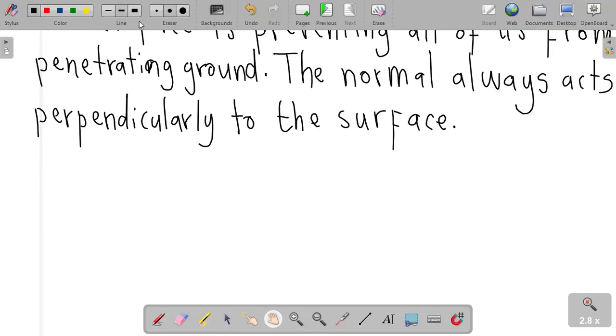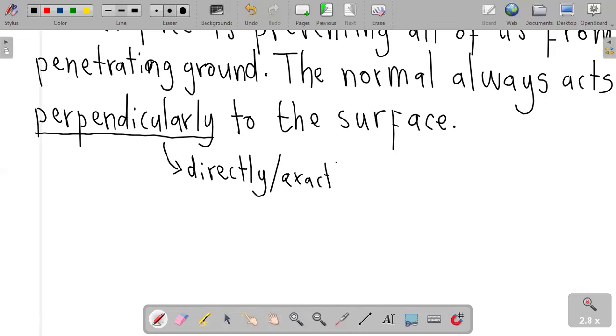What it means is that the force is acting directly away from the surface, or you can say exactly away from the surface.